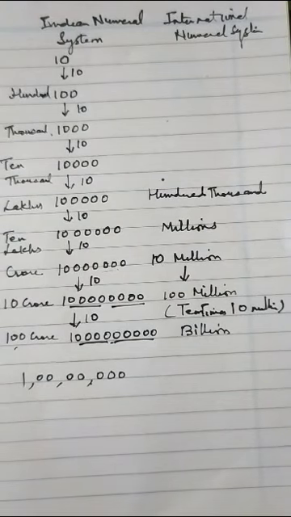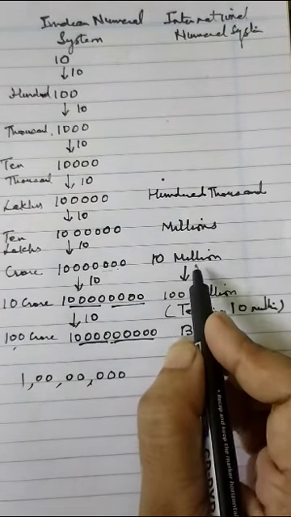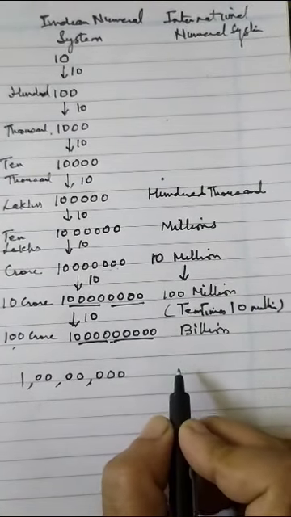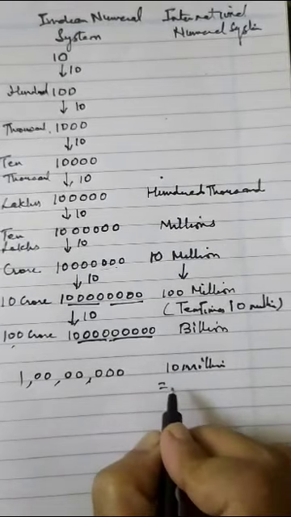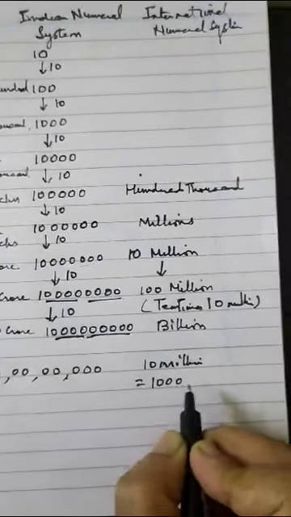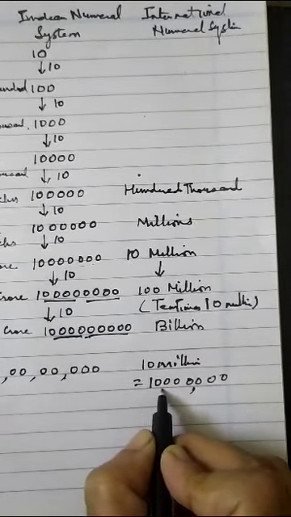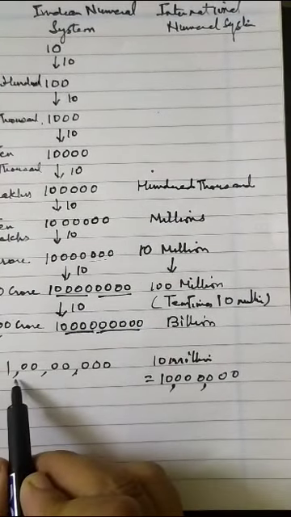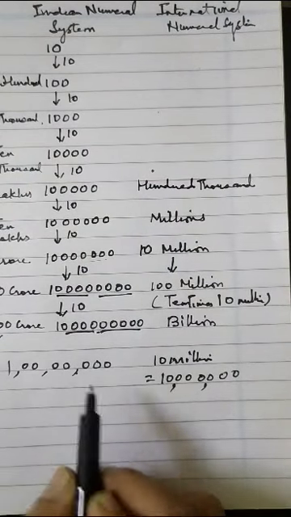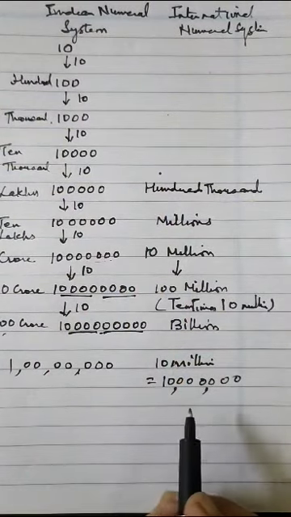For example, in this case, I have written 1 crore, and if I have to write this 1 crore, that is 10 million, I would write it with my first comma here and then this comma. So the difference is in putting the comma in the Indian numeral system and the international numeral system.